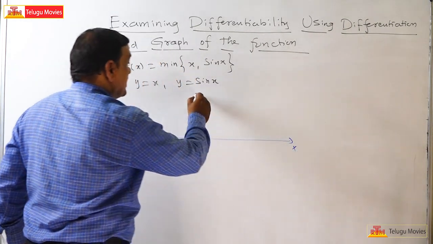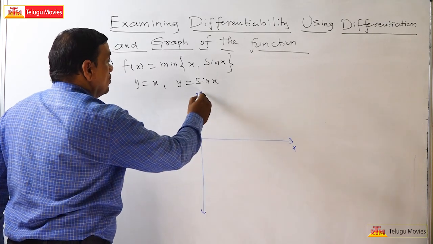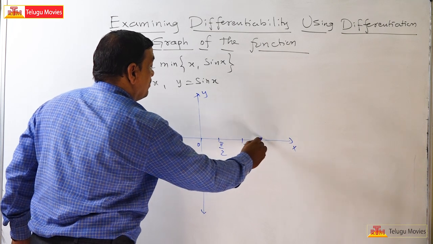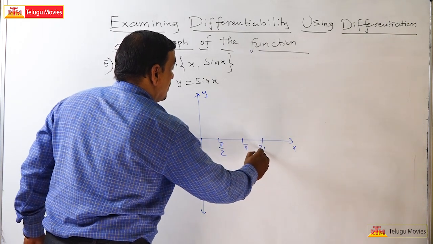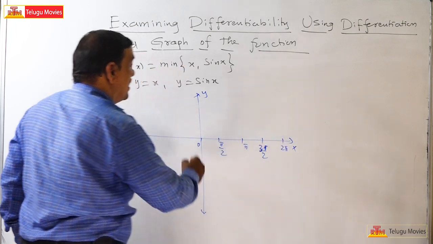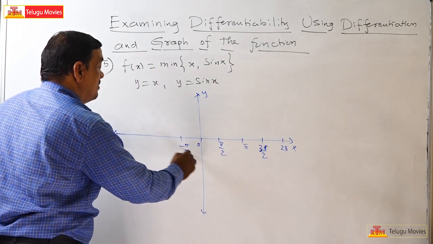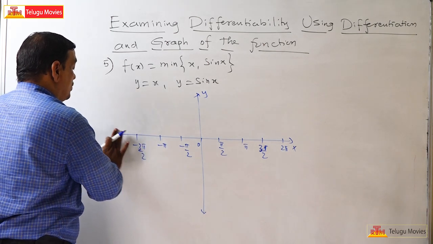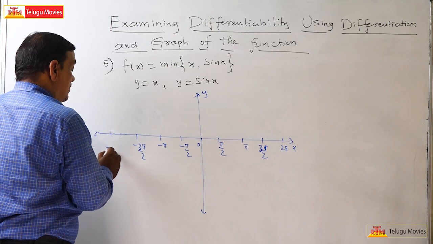So this is the x-axis and this is the y-axis and this is 0. This is pi by 2 and this is pi. This is 3 pi by 2 and this is 2 pi. And this side minus pi by 2 and minus pi. This is minus 3 pi by 2 and this side minus 2 pi.